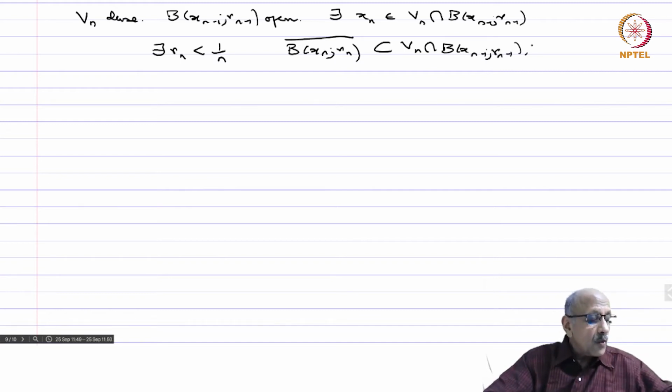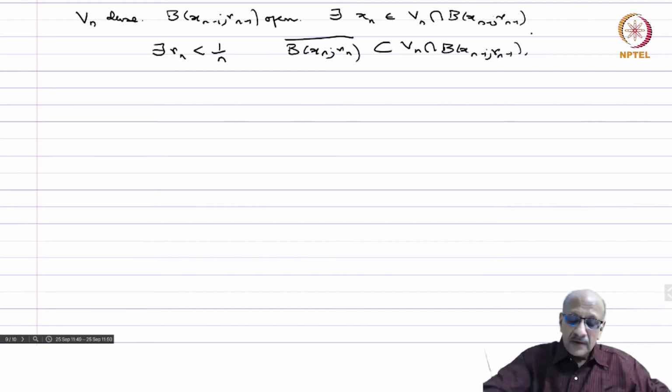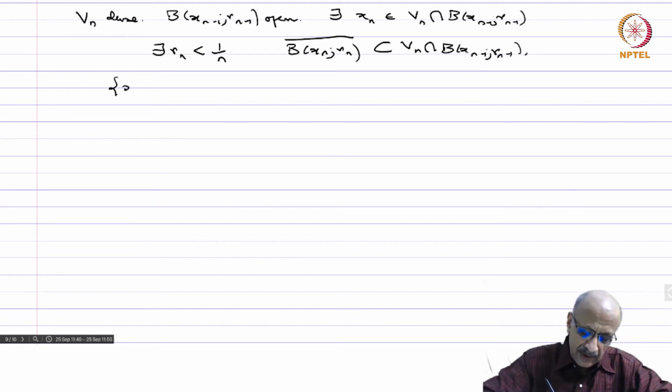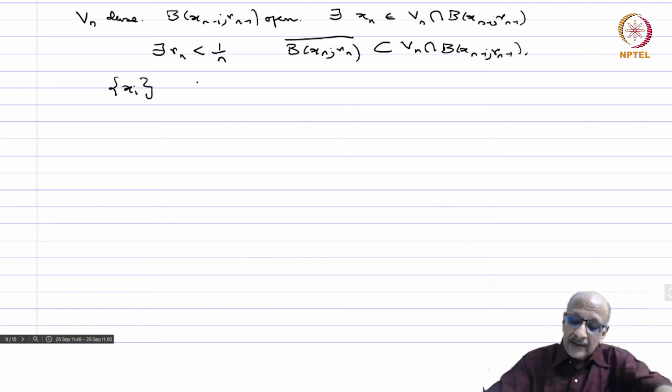Okay. So what have we constructed? We have constructed a sequence xi, and the closure of B of xi, ri is contained in the previous ball.